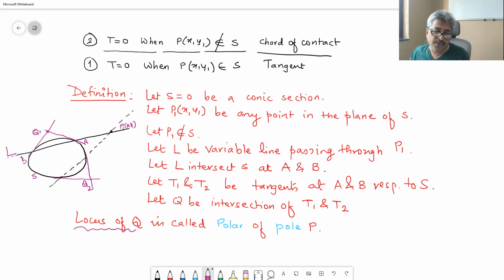The locus of Q is the polar of the point P1, which is fixed. Point P1 is not moving anywhere. And that is the definition.